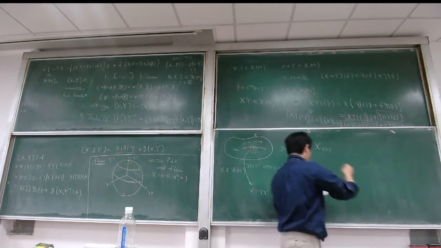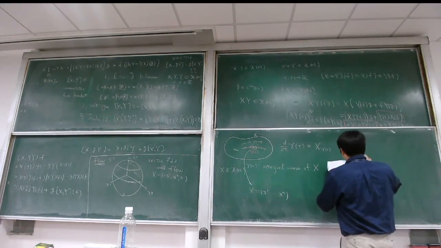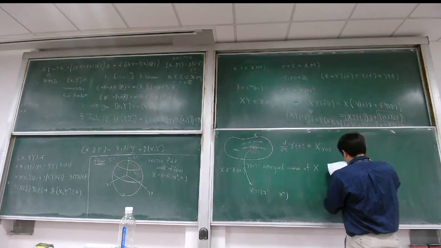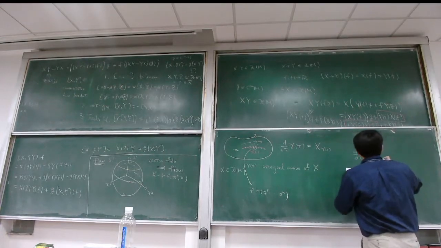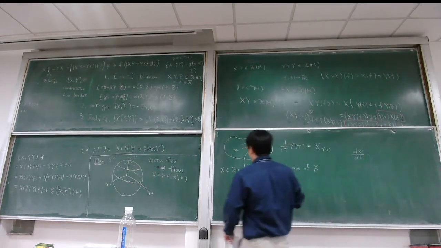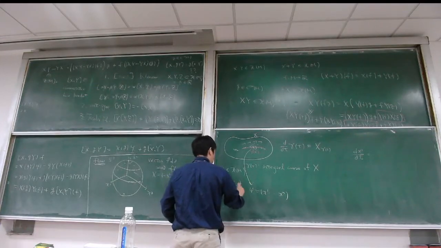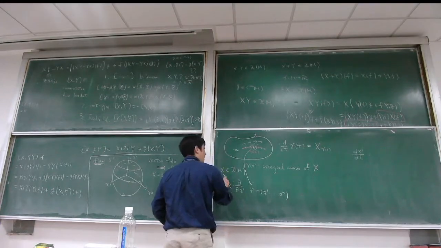So this equation can be written as follows: dxi/dt is equal to, let's look at X in the local coordinate, X is equal to the sum of Xi partial xi, for i equal to 1 to n.